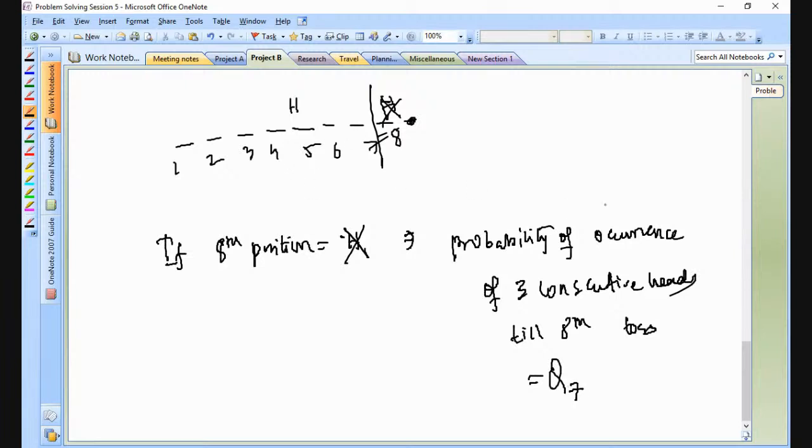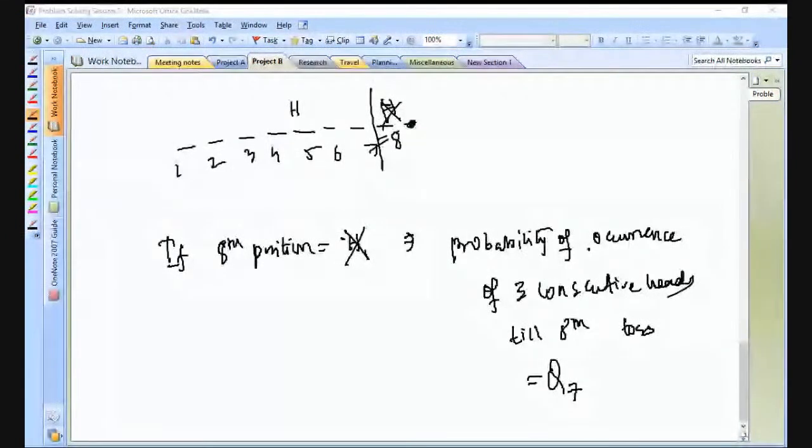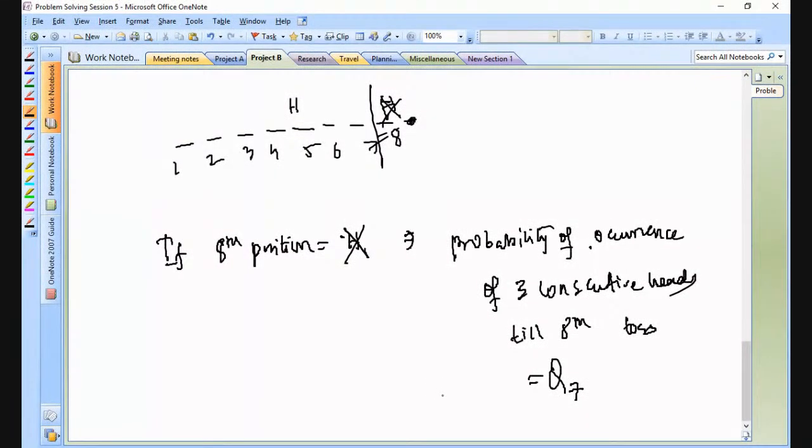Because if it has to occur, it must have occurred before the 7th toss. Did you understand this simple point, guys? Yes or no? If the 8th position is not heads, then 3 consecutive heads must have occurred before the 8th point, before the 7th point. So it will be 1 minus Q of 7.